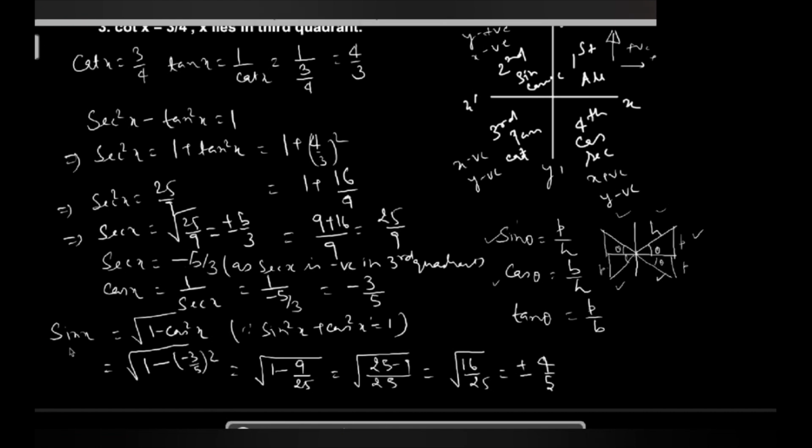Again, sin x would be negative in this quadrant. So you will take sin x equals to nothing but minus 4 by 5.